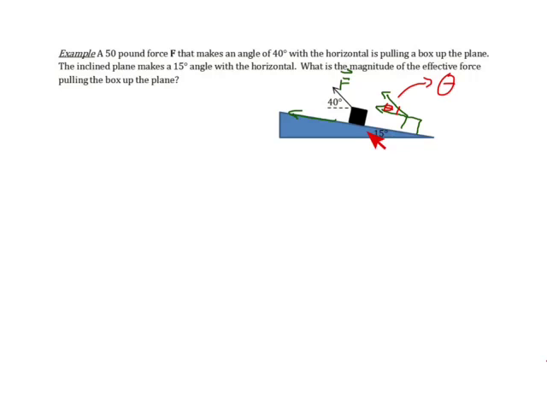But this is 15 degrees, so we got to take away 15 degrees, because when we put it together, if we draw a parallel line here, that line's parallel to the ramp roughly. Okay, and so there's a little 15-degree angle, so we got to take 15 away from 40, and that's going to leave us with our theta. And so theta is 40 minus 15, which is 25 degrees.